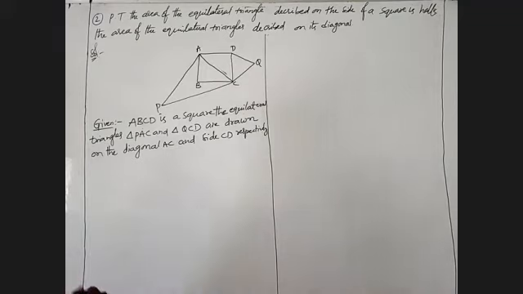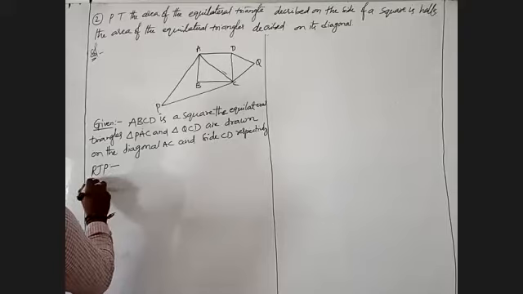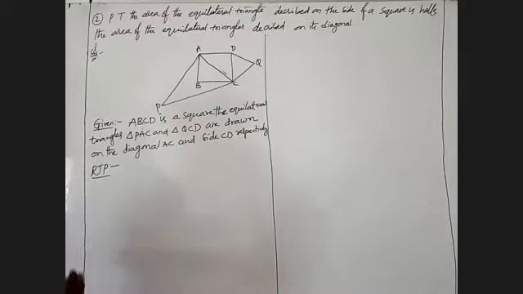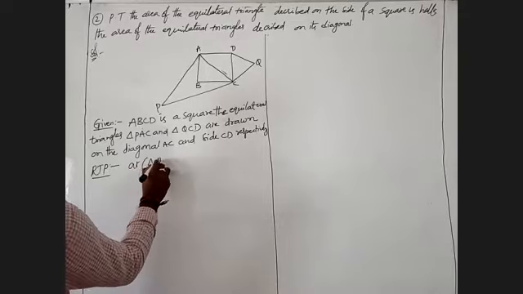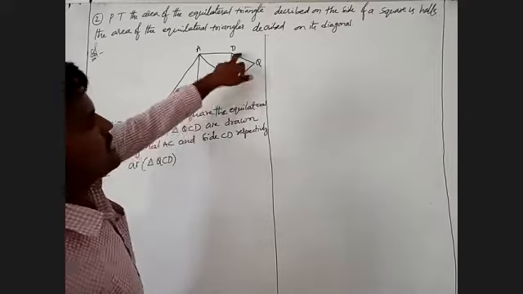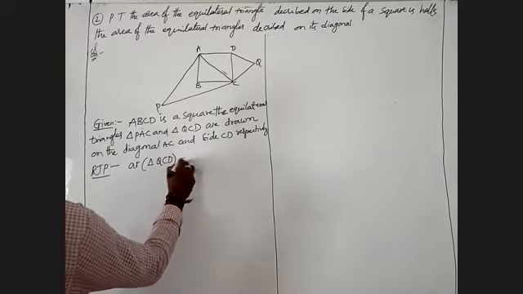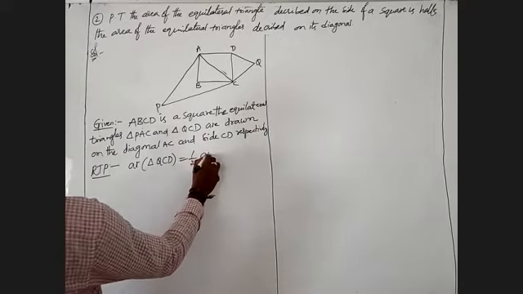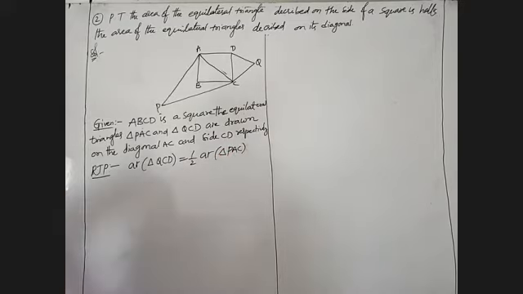What do I have to write? Required to prove: area of triangle QCD is half the area of the equilateral triangle, 1/2 into area of triangle PAC. This is the proof of the given theorem.